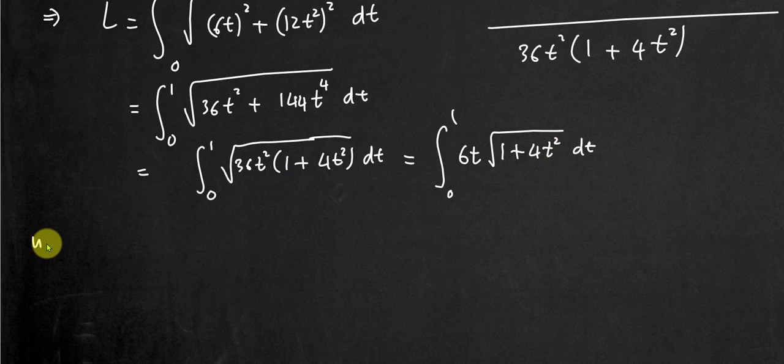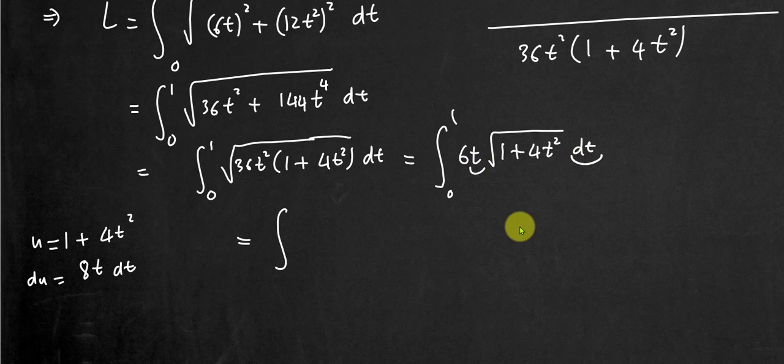So if I let u be the radicand inside here, 1 plus 4t squared, then I find du, bring down the 2, 8t dt, right? And therefore I can rewrite the integral. I have t and dt already.